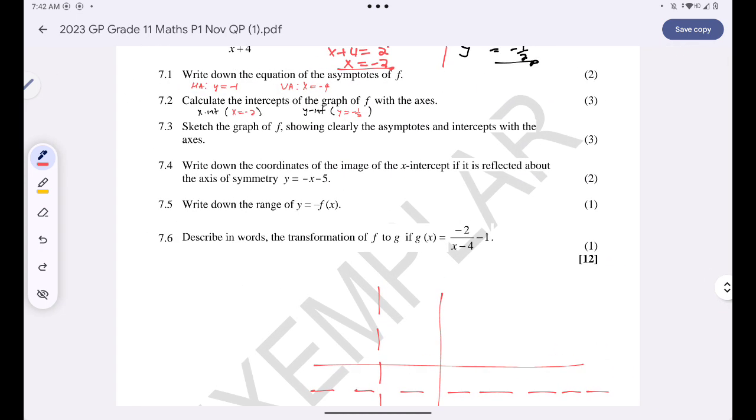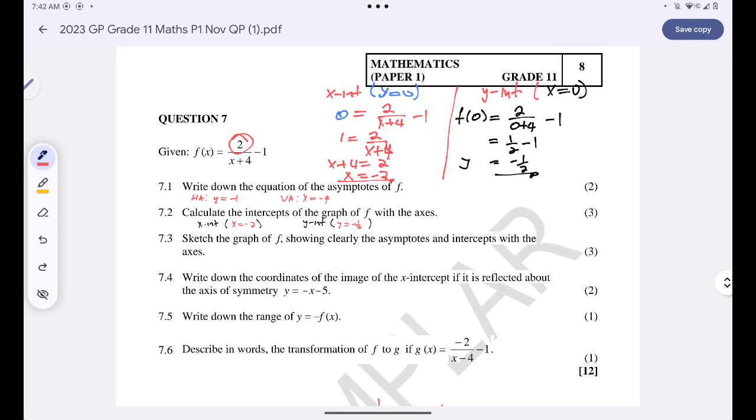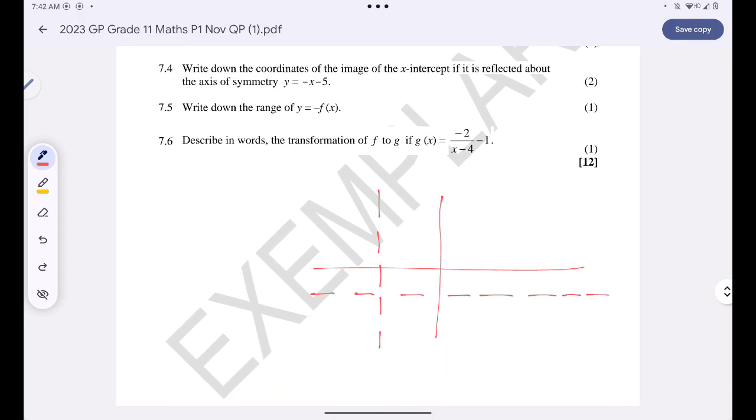Since the value of a is positive there, it simply means that my graph will be in the first and third quadrants rather of my asymptotes. Basically, my graph will just look like this. One curve will be here, and the other one will be there. Then all I need to do is indicate that I have a -2 and a -0.5 there. Y is 0, x-axis. This one is -4 and -1. That's my sketch graph.